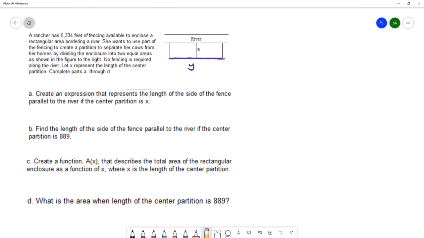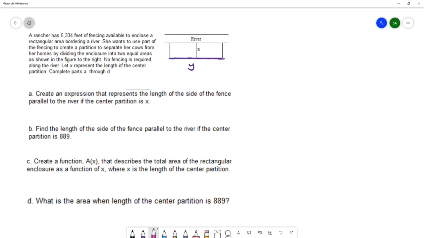So when we are trying to do part A, which is to find the length of this side here, we are going to use something that is similar to perimeter. Now we have perimeter formulas for rectangles, but this has a little bit extra to consider because we're not going to use the side along the river.